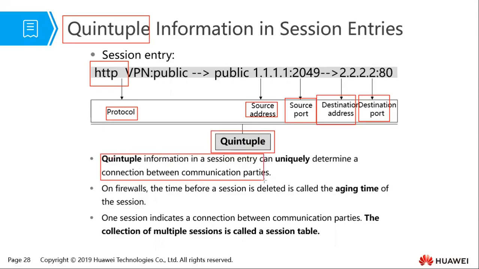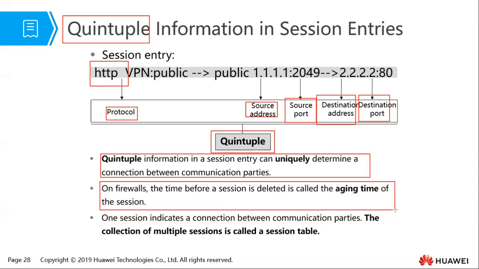So the quintuple information in a session entry can uniquely determine a connection between communication parties. On the firewall, the time before a session is deleted is called the aging time of the session. So that means that session entries cannot stay forever. They age, they expire.